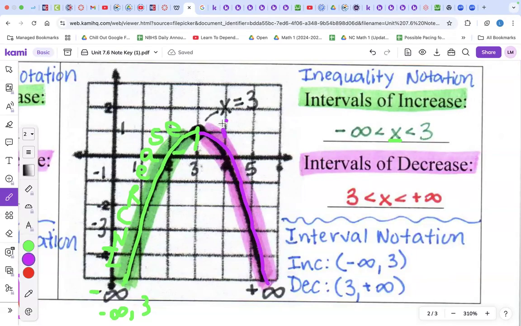So this is a decrease. And our decrease starts at 3. We're dealing with x, and it ends at positive infinity.